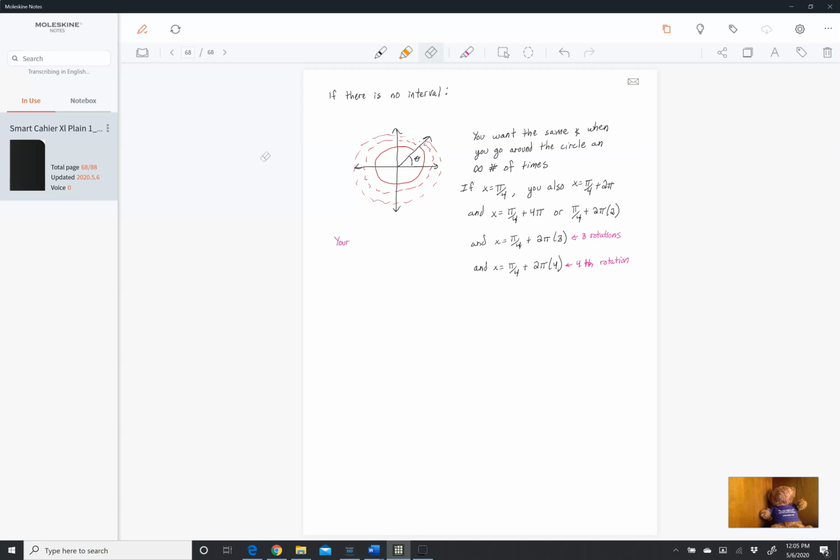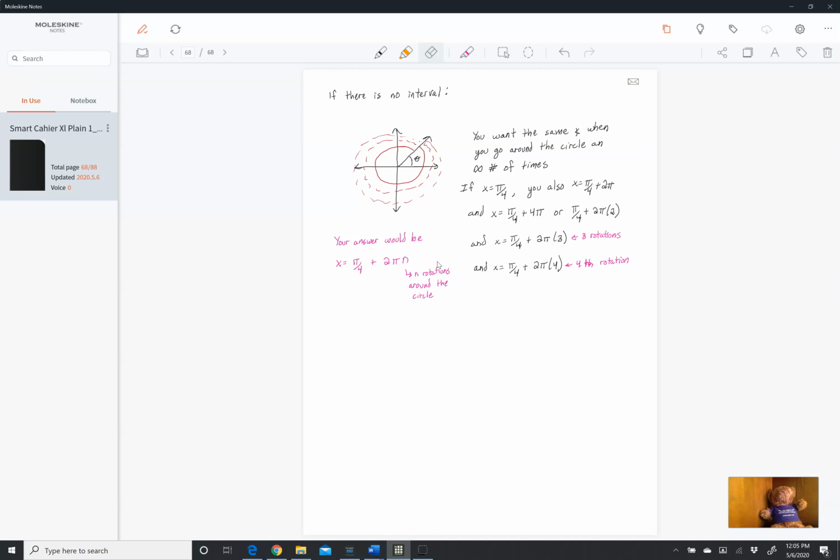So your answer would be, instead of x equals pi over 4, you would have x equals pi over 4 plus 2 pi n times for all of the rotations that you go around the circle, okay? This n is n rotations around the circle. Okay, so that would be your answer.